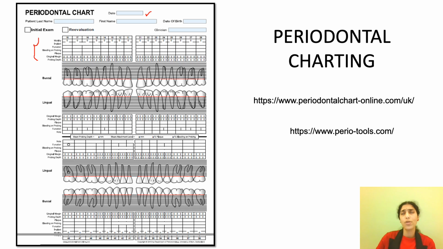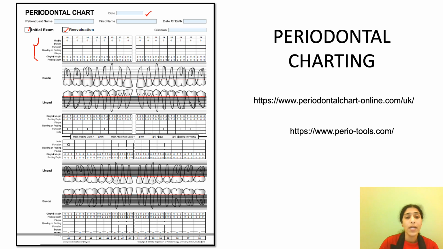If possible, also put a disease diagnosis of the patient, whether it is localized or generalized periodontitis, the patient name, and whether it is an initial examination or a re-evaluation, where you are reassessing the patient after treatment. That also can be indicated.